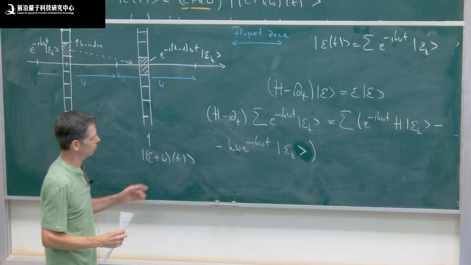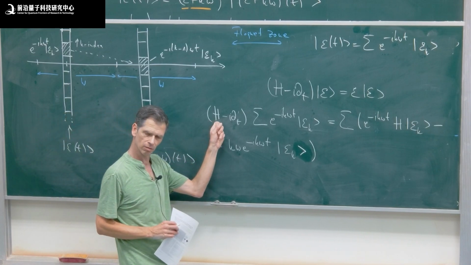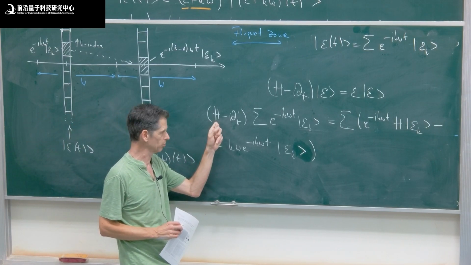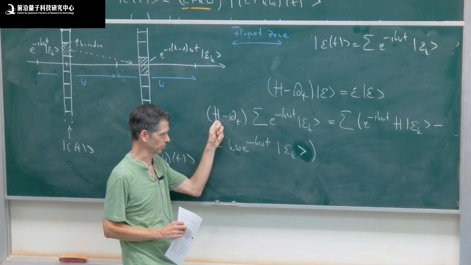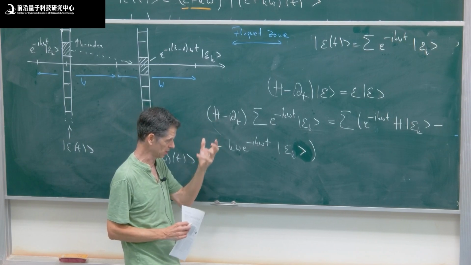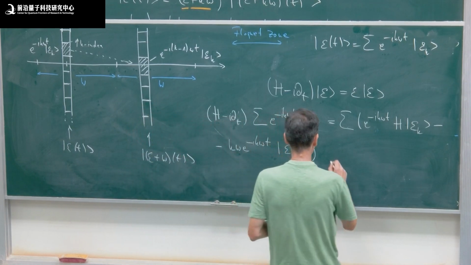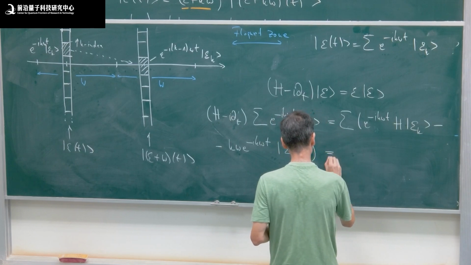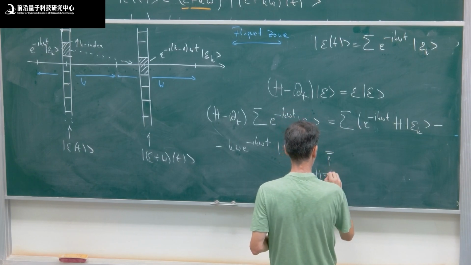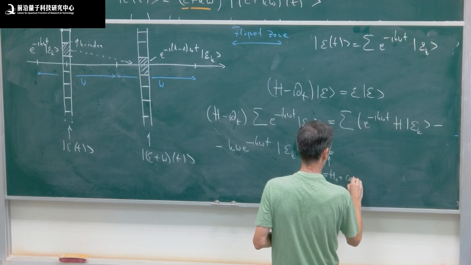Now I get concrete and make the periodic part of this Hamiltonian explicit. I replace it by cosine omega t, with H equals H0 plus cosine omega t.